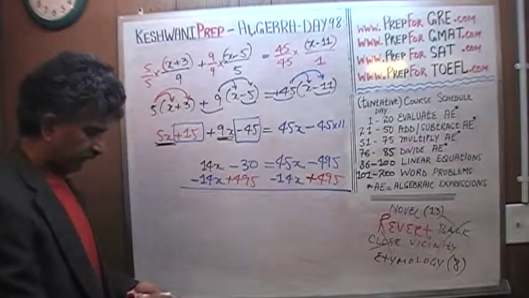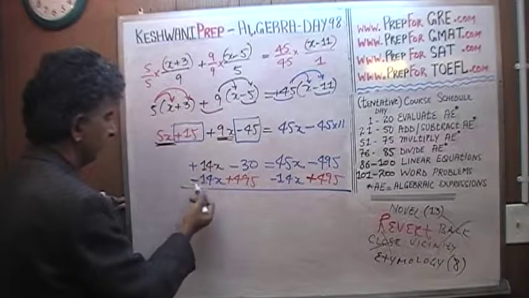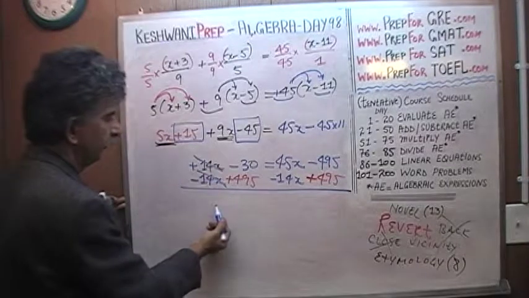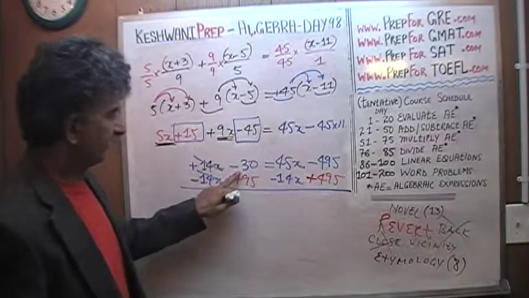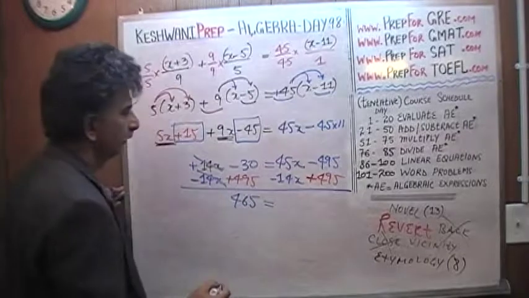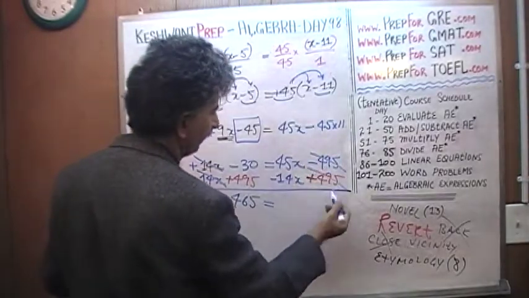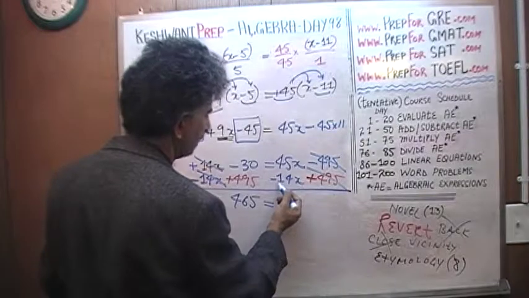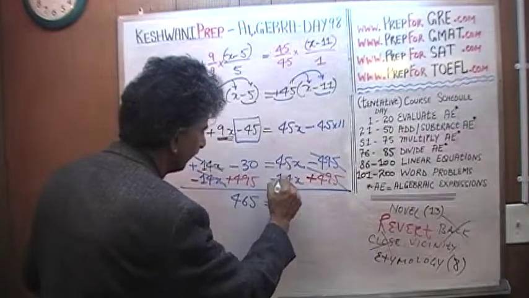We're doing two steps together. A positive 14x and a negative 14x drop out. Positive 495 minus 30 should give us 465 equals, again, a negative 495 and a positive 495 drop out. 45x minus 14x: 5 minus 4 is 1, and 4 minus 1 is 3.